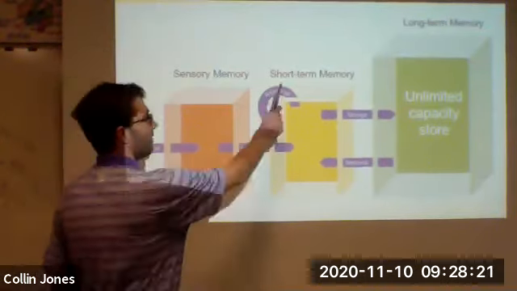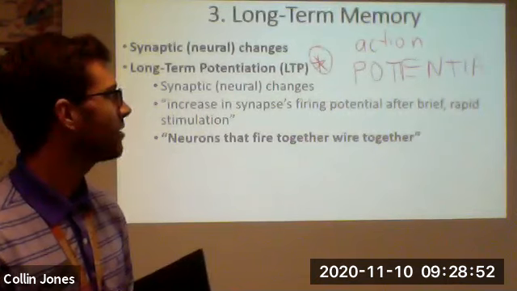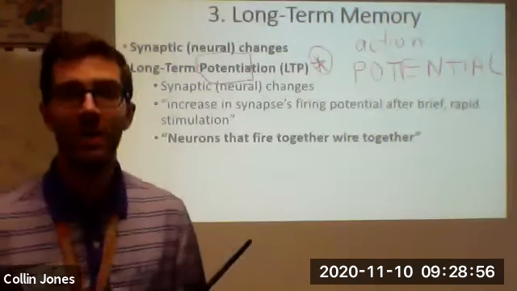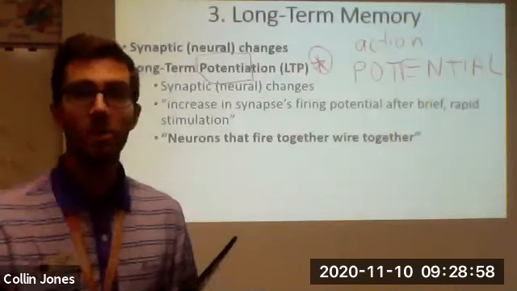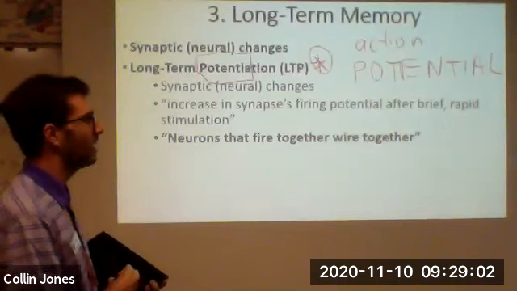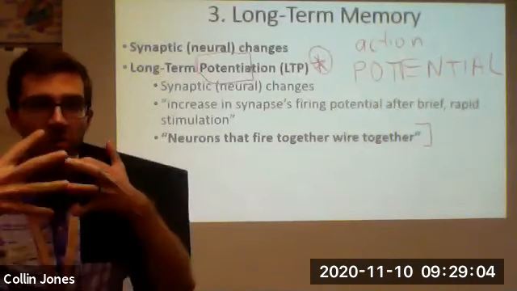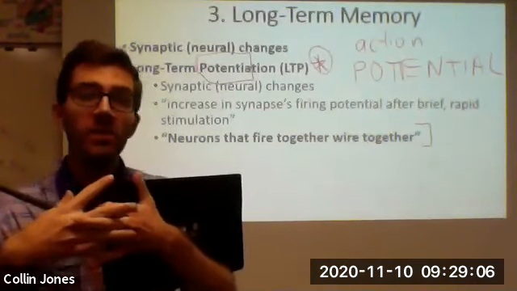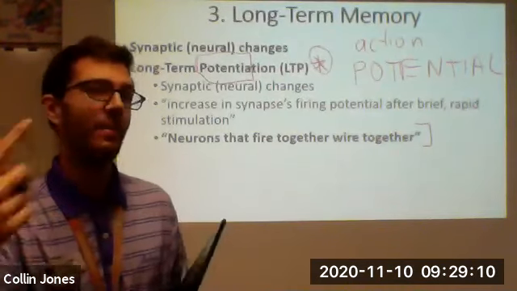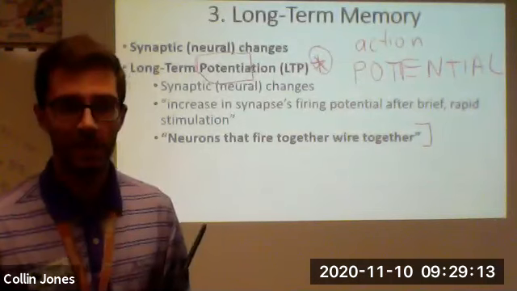Potentiation looks like the word potential, meaning having to do with an action potential. The idea here is that when these same neurons fire again and again and again, they will become wired. They become associated. They become clustered together in a network that will help you activate them again in the future. That's what memory is, right?